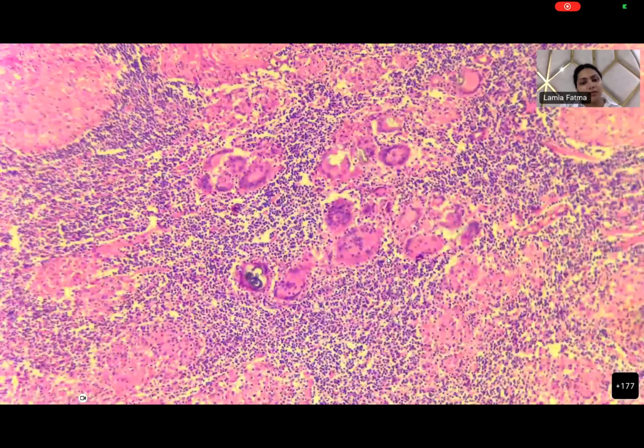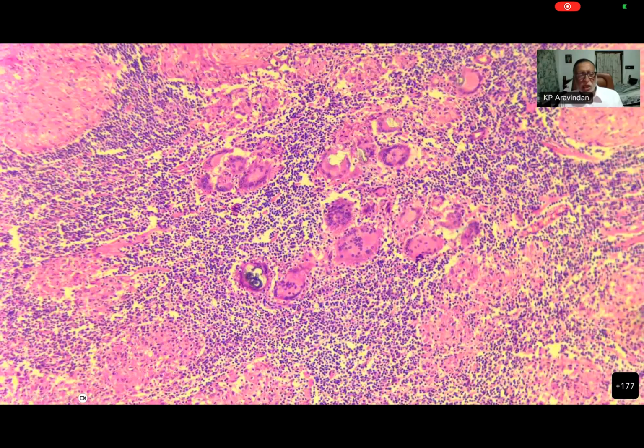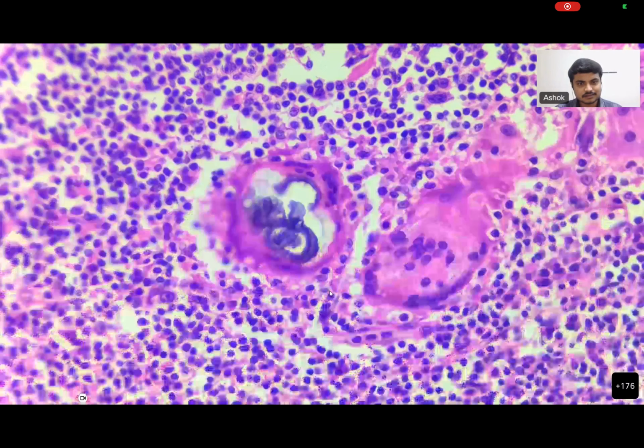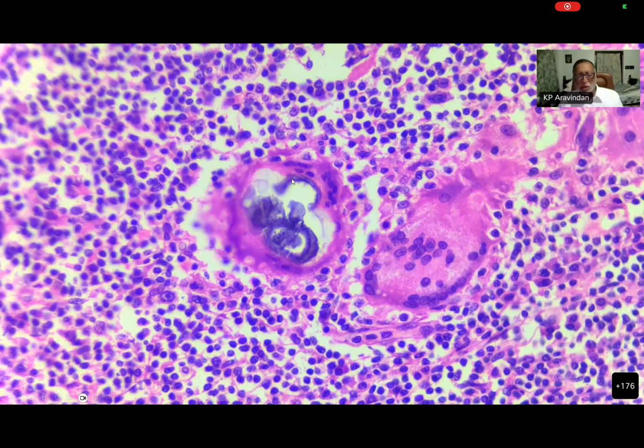And then you have these large giant cells. And some of these giant cells contain something. What is this? Schaumann bodies. Okay. This is a calcified, concentric kind of body. They're called Schaumann bodies. And very large giant cells.